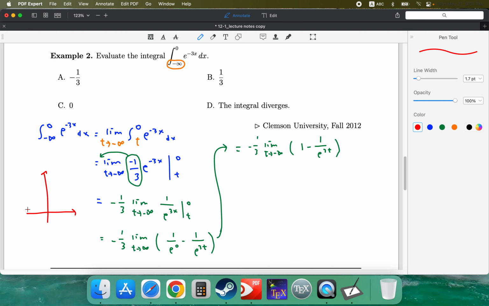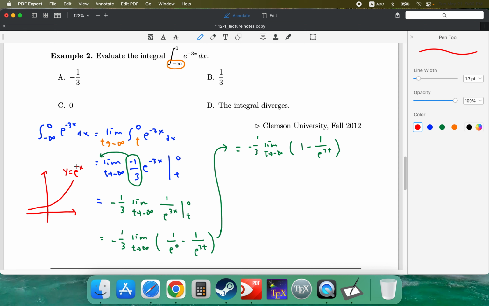Okay, so this is the graph of y equals e to the x. Now, if you multiply by 3, basically you just need to stretch or shrink the graph of e to the x horizontally, depending on this number. If you multiply by 3, you need to shrink this graph horizontally.